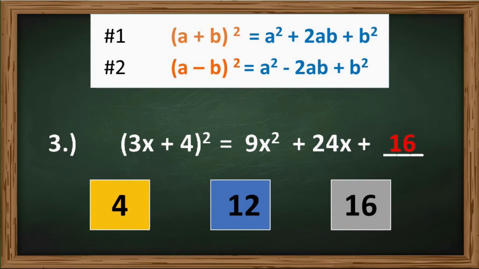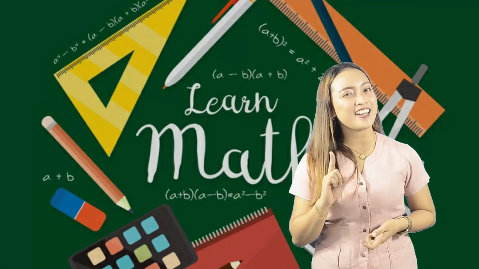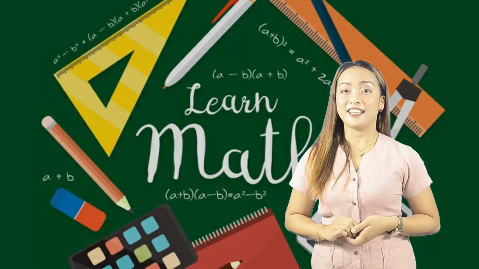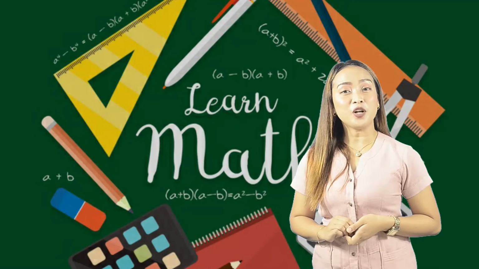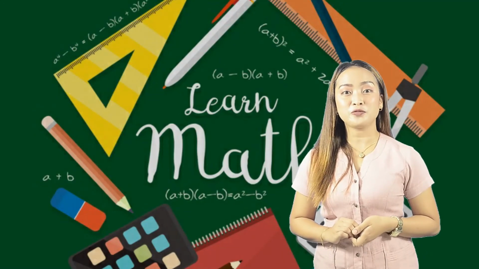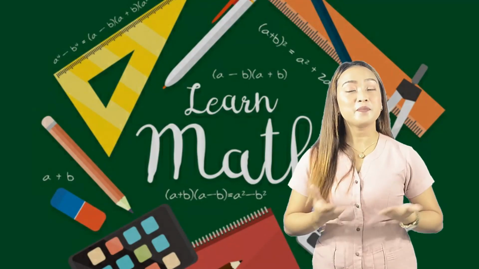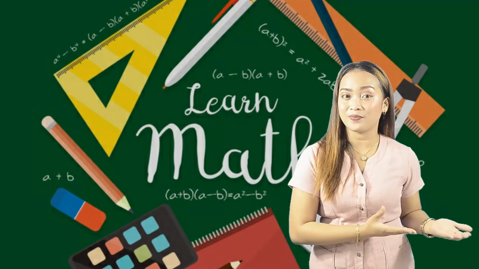We got 16 by squaring b, which is 4, or 4 times 4 is equal to 16. See? The pattern is a great help.